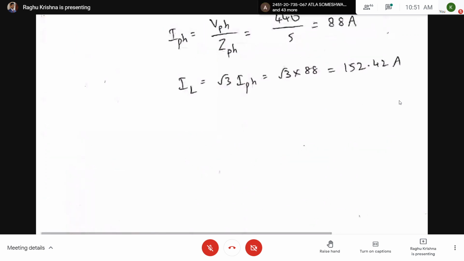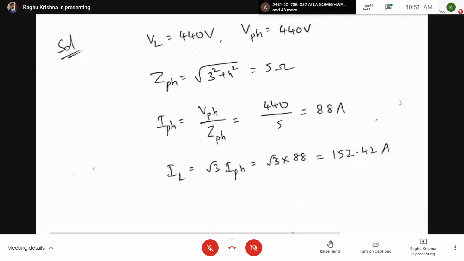So the main importance is that we can reduce the number of lines if you transmit the power with a 3-phase supply. You are going to reduce the amount of copper by reducing the number of lines. For 3-phase, if you want to supply 3-phase power using 3 single phases, you require a total of 6 lines.